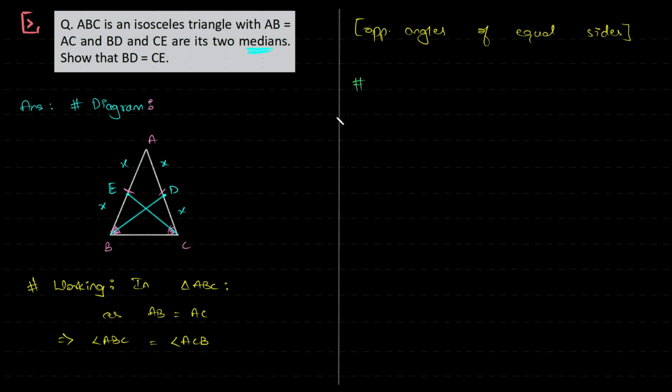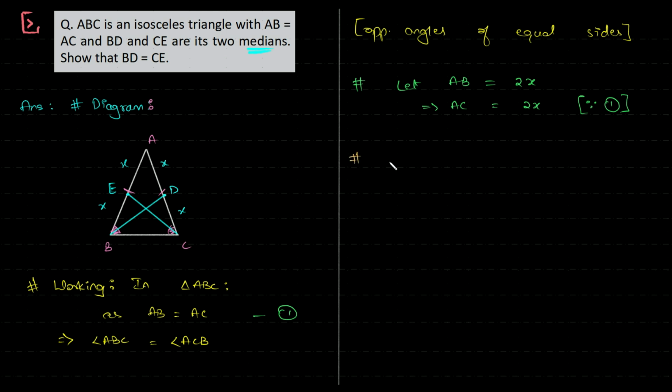Now, what is the next thing? We'll call side AB as 2x. This implies even AC is equal to 2x. Why is this? Because of equation 1, we have these two equal to each other.